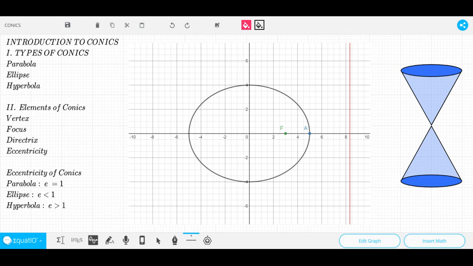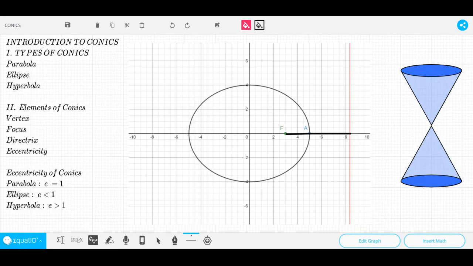So again, we took this point, the eccentricity would be the length of AF, which means the length of the segment which includes the point and the focus, over the distance from the point to the directrix, which means that the eccentricity in this case is AF over distance from A to the directrix. Obviously, AF is smaller than the distance from A to the directrix, which renders the eccentricity of an ellipse less than 1.